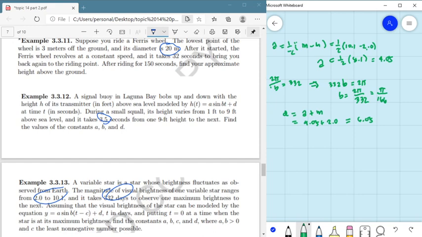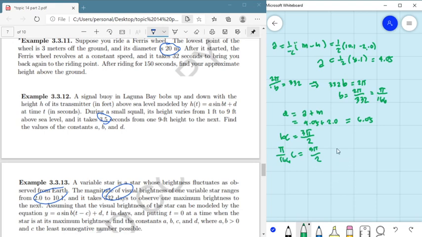So that's why we can have bc, which you equate to 3 pi over 2. Then you can replace b with pi over 166, so pi over 166 c equals 3 pi over 2.